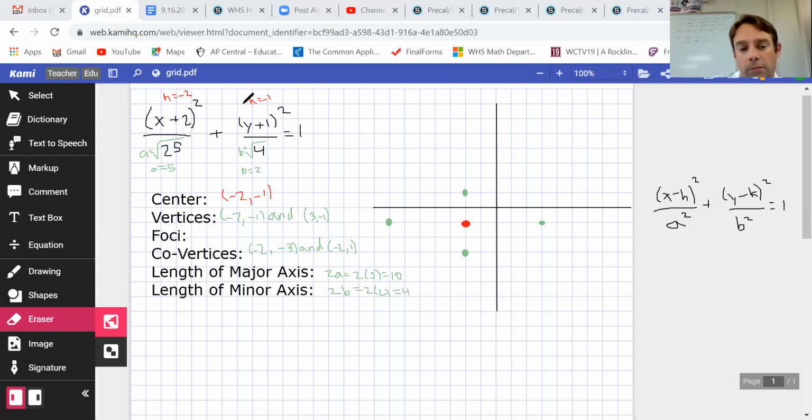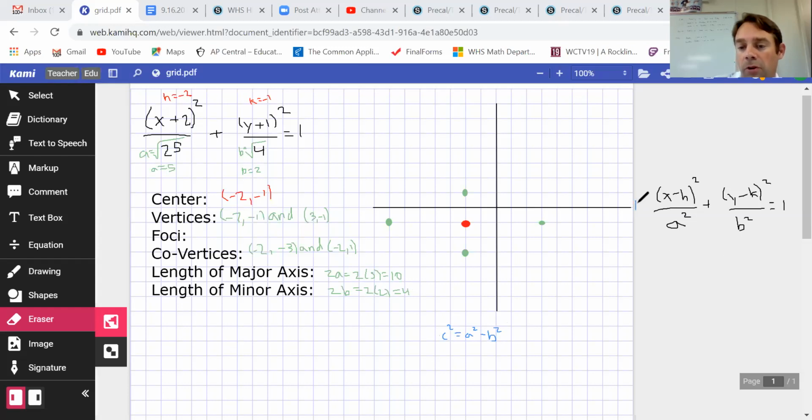So now we get to the one tricky part, if there is one. Can you find the foci? Remember that c squared is always a squared minus b squared. Whether it's horizontal or vertical doesn't matter.